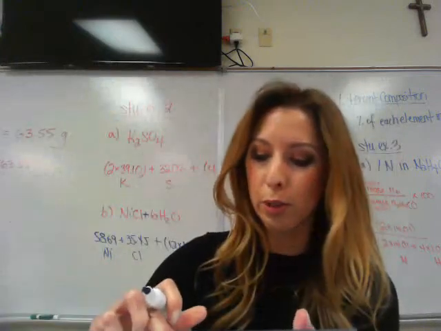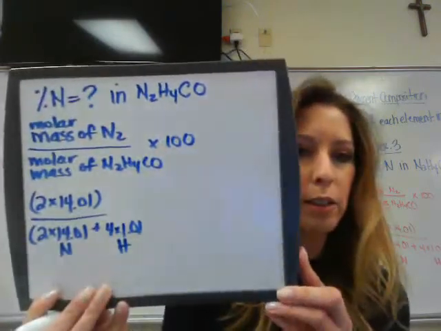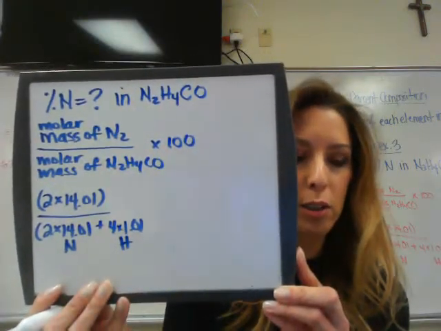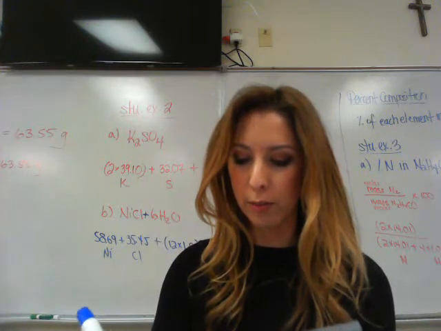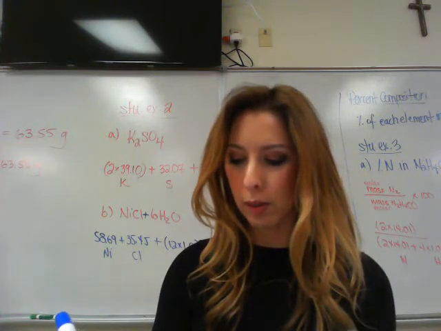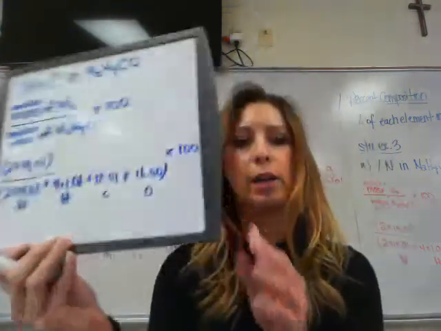Kind of messed it up here on the board. Let me fix it. Okay. And then we're going to add 1 carbon and 1 oxygen. Carbon is 12.01, oxygen is 16.00. And then we multiply it by 100 at the very end.